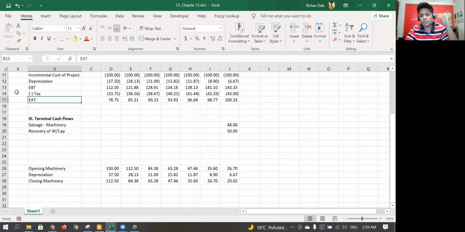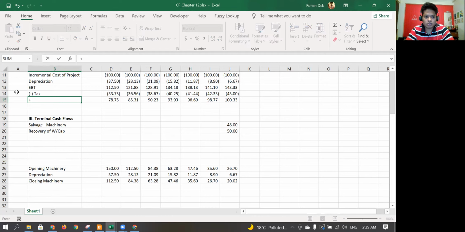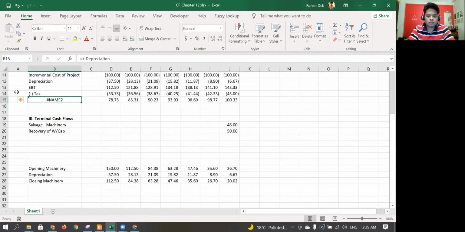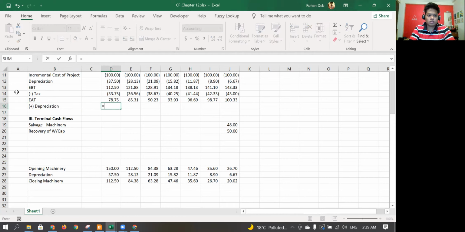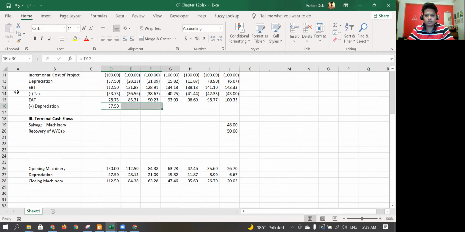Now to calculate the cash flow, I will add back my depreciation. I'll add back my depreciation over here.